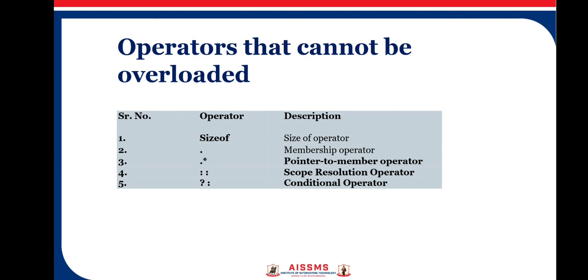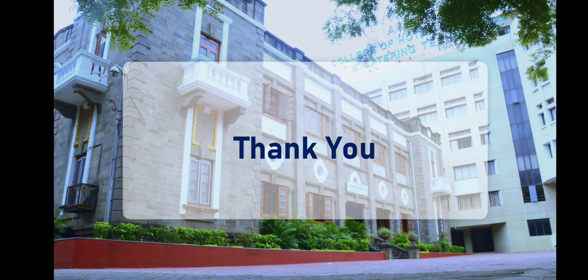And the last one is the conditional operator, also called the ternary operator. This also we cannot overload. So these are the operators which cannot be overloaded. Other operators we can overload by using the syntax discussed in the example. Thank you.